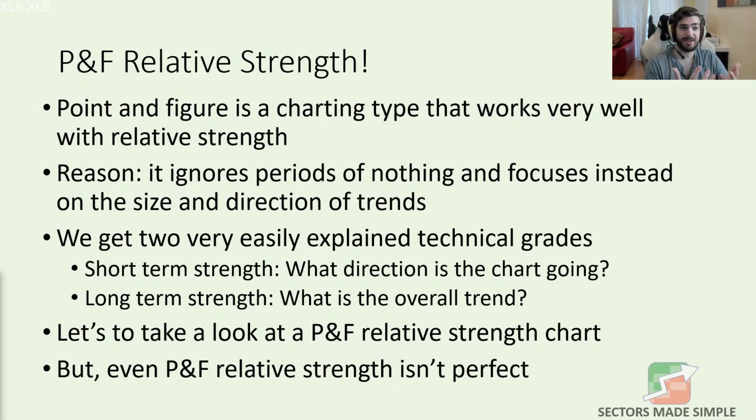If we want to break it down into more general terms, short-term strength is the direction. Is the direction up in X's or down in O's? Then we have long-term strength, which is the trend. Is it a positive or a negative trend?